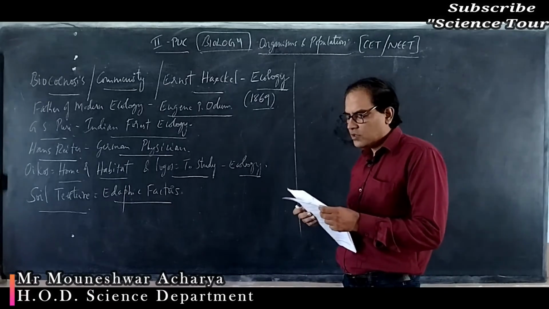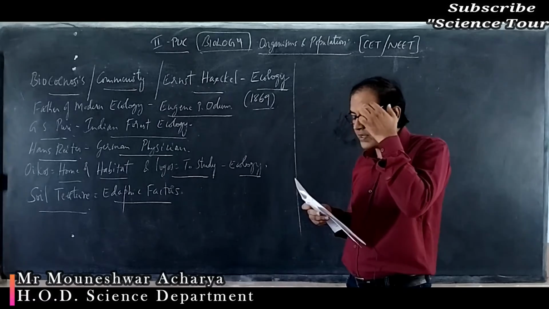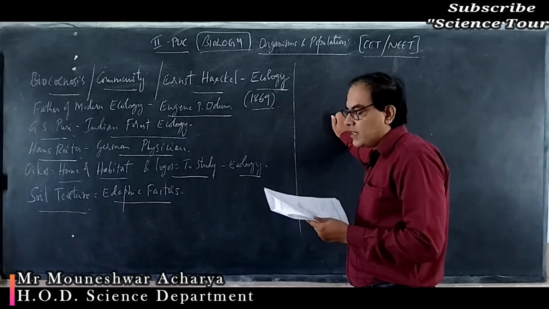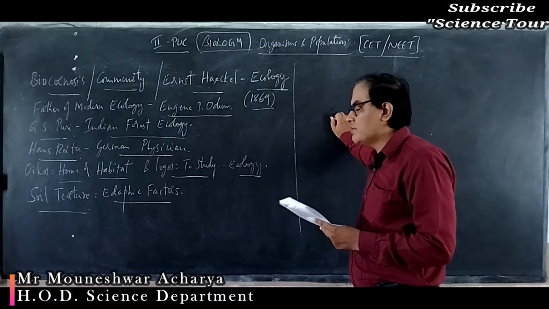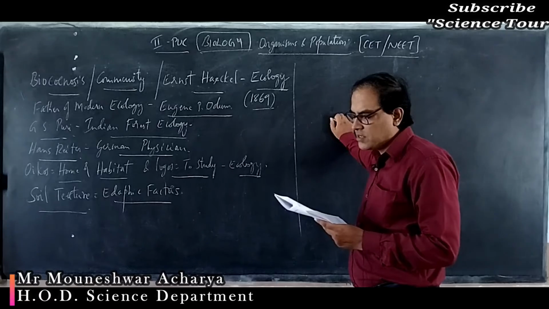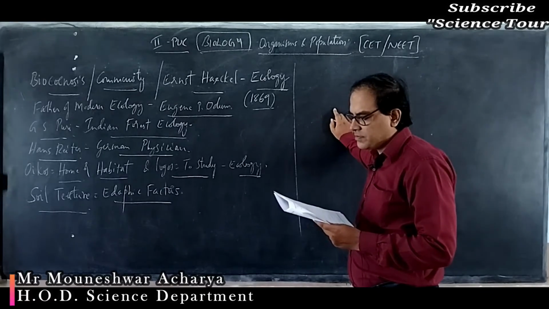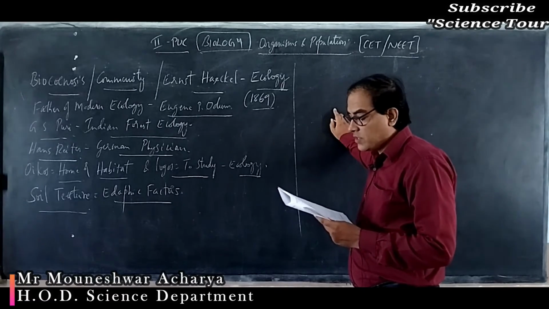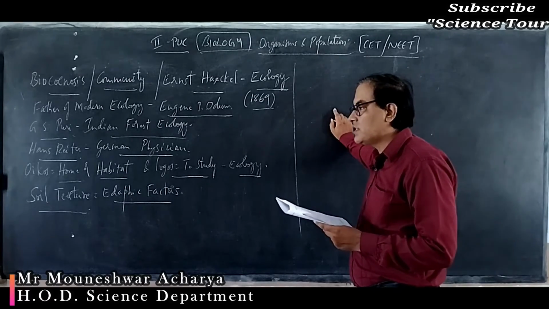Question number 11. Choose the odd one with respect to the features of tropical rainforests. Tundra has permafrost; I already said what the meaning of permafrost is.